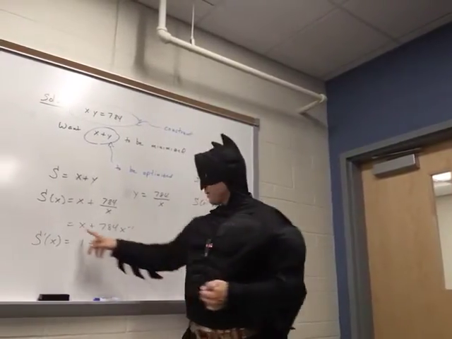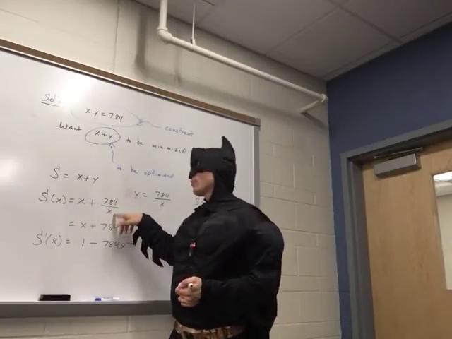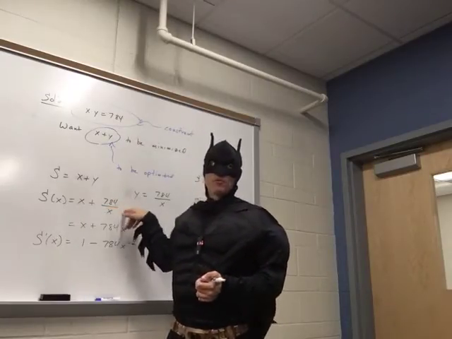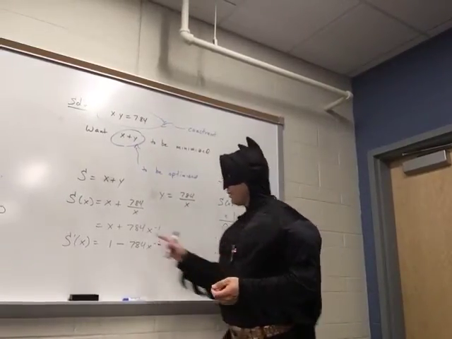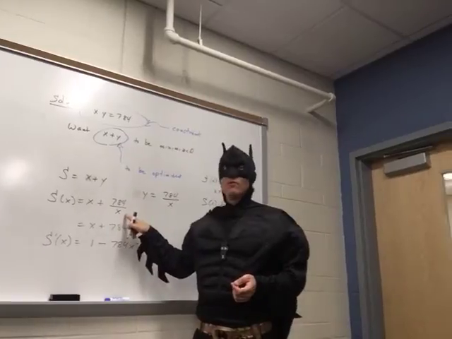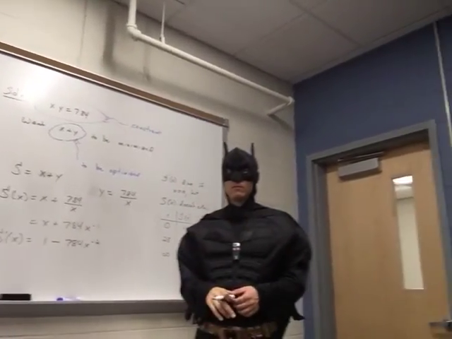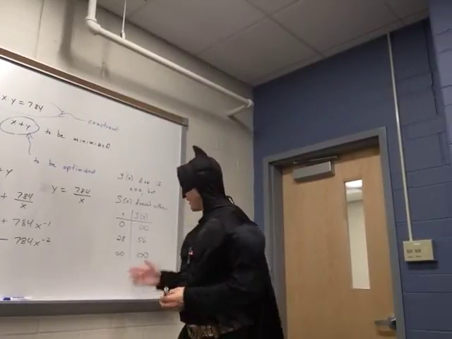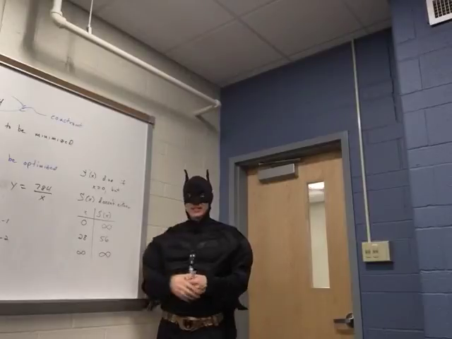Putting in 28 gives me 28 plus 784 over 28. Well, 28 is the square root of 784, so this is 28 plus 28, which is 56. Infinity will give me infinity plus 0, or simply infinity. So looking at this, if we're going to have any global extrema, it's on this list somewhere.